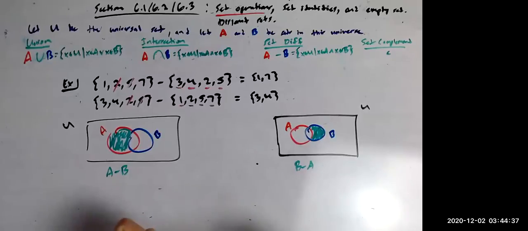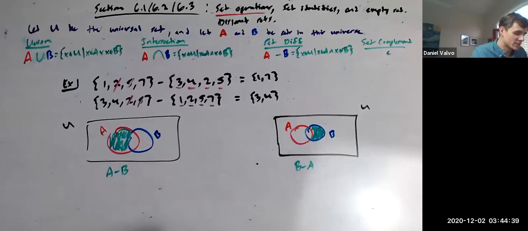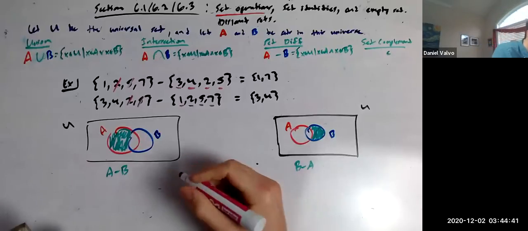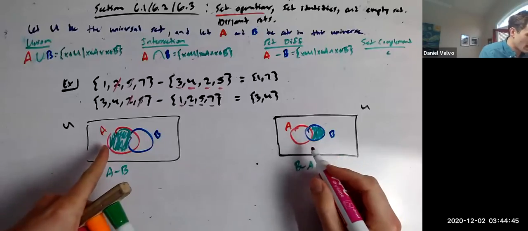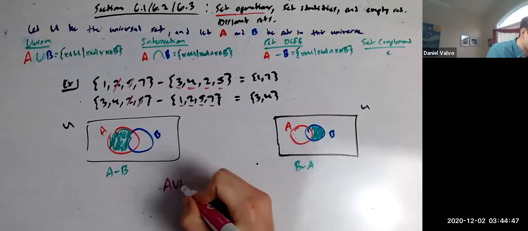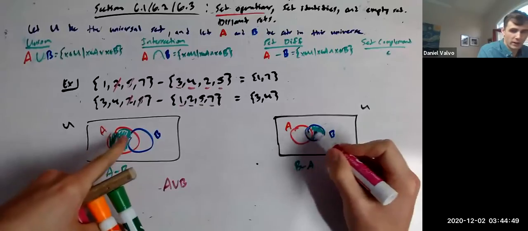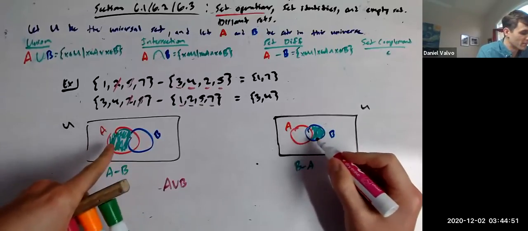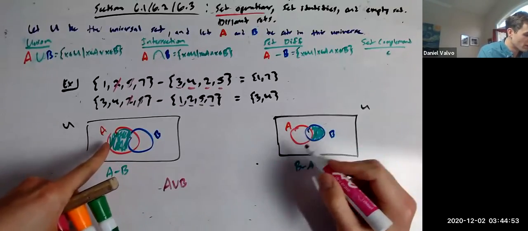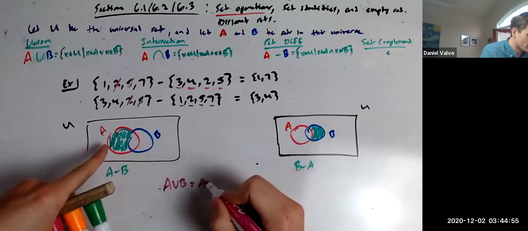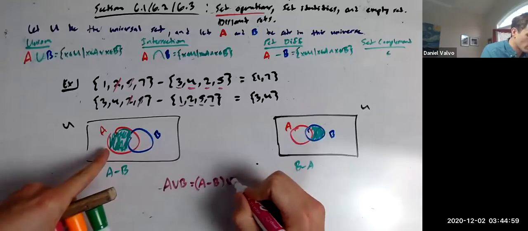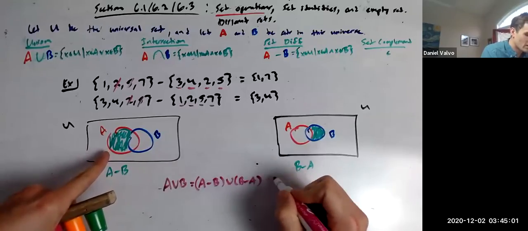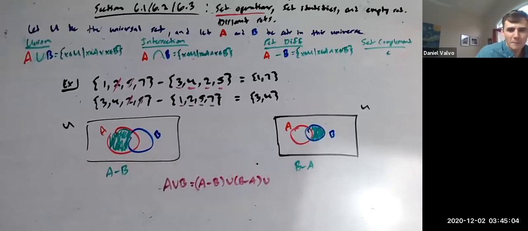Yeah, that makes sense. Good, nice. But let's notice this for later. If you're in A union B, that means you're in one of the sets or both. It looks like you're either going to be in A minus B, or you're going to be in B minus A, or you're going to be where?